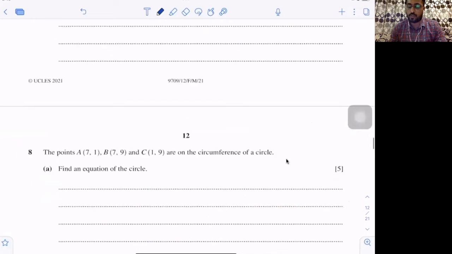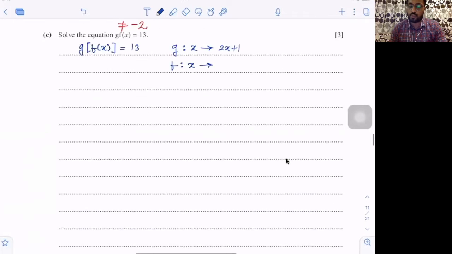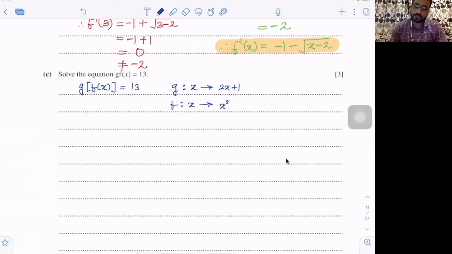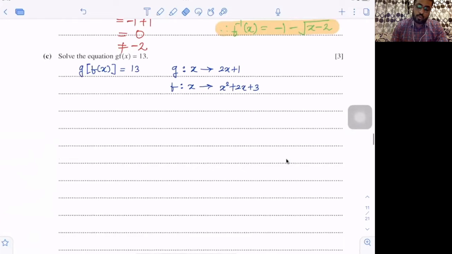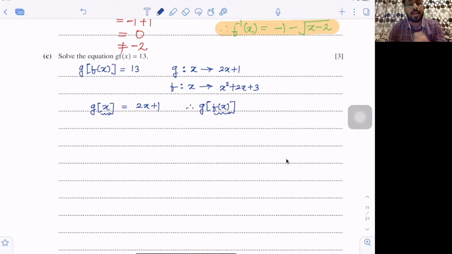So let's go back to the question. I know that g of x is 2x plus 1. Therefore, in g of f of x, the variable x gets replaced by f of x.